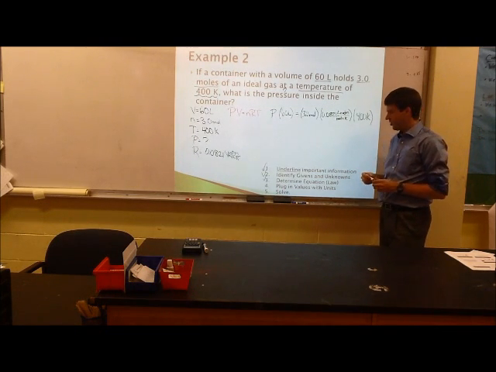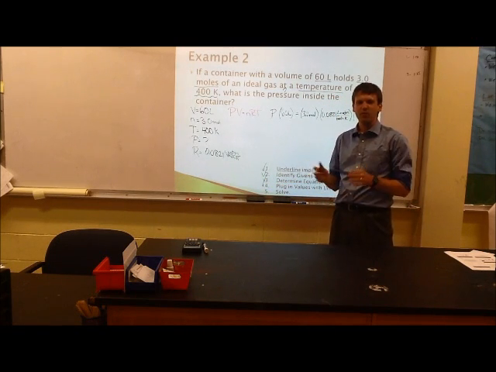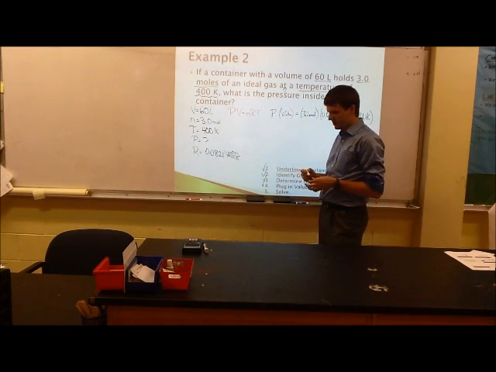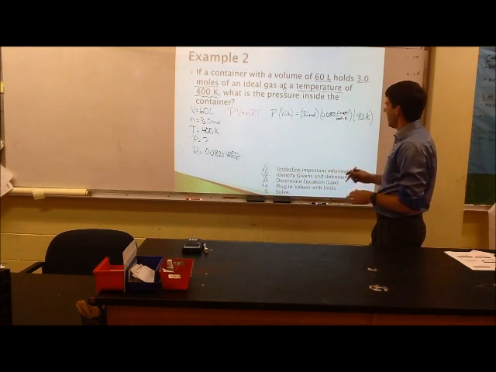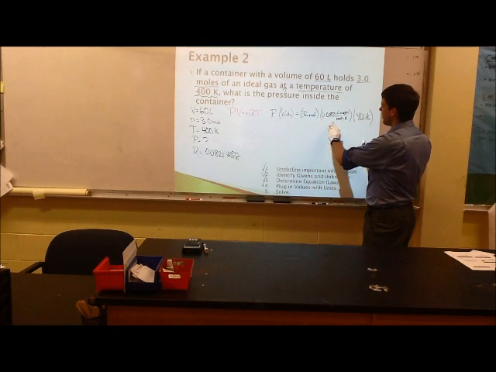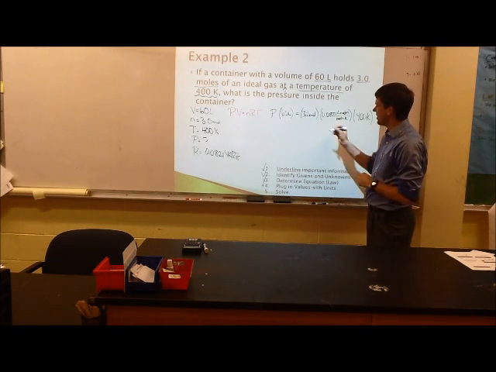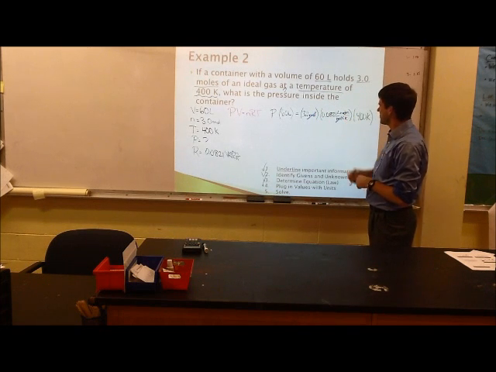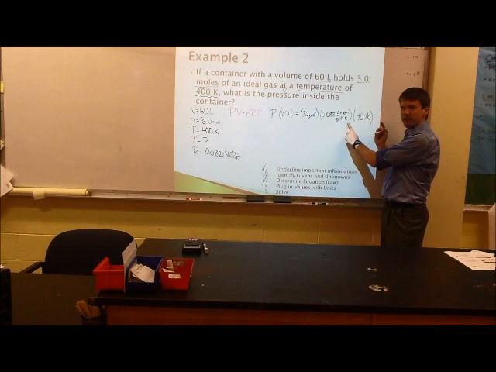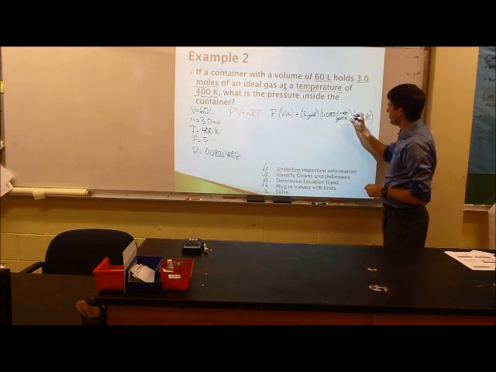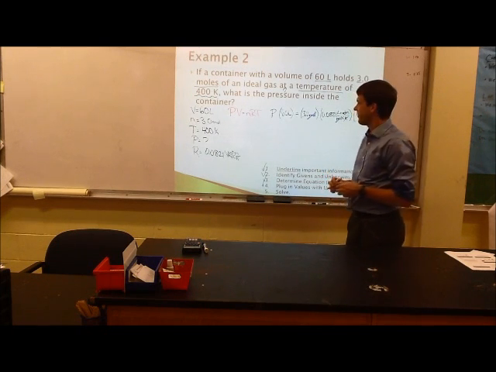Next, alright, we need to solve. But before we pick up our calculator, put in the numbers, let's cancel some units. And please notice, we have moles on top and moles on bottom. We know that something over the same thing cancels out. So our moles cancel. Also, we have Kelvin on top and Kelvin on bottom. So those Kelvins cancel out. Now here's a trick.